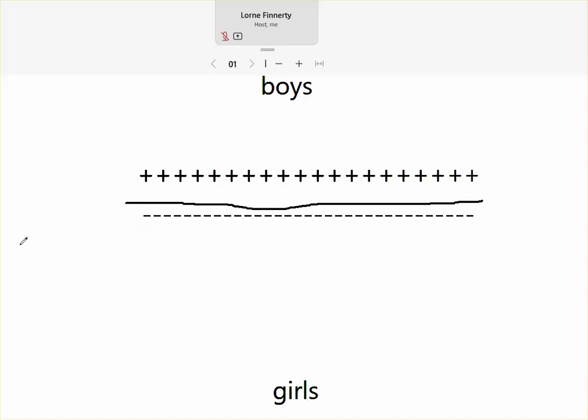So if a gate opens in the fence right here, and it allows the boys to come in, what's going to happen? Well, this boy is going to come to this side.